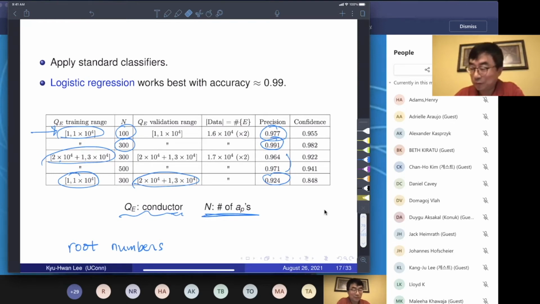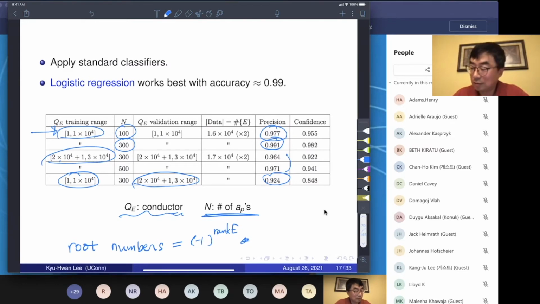So according to the expert in elliptic curves, I'm not an expert, so -1 to the rank of an elliptic curve is the root number. Am I right? No, I don't think so.